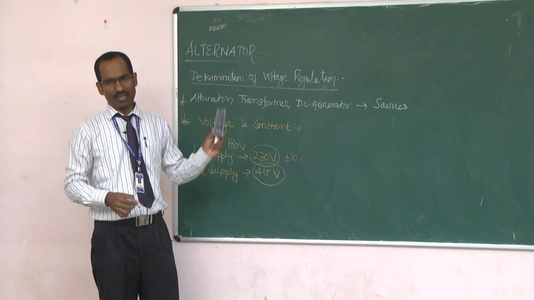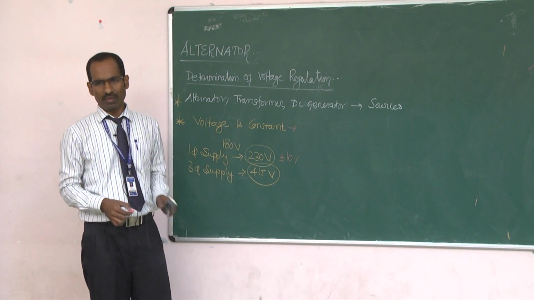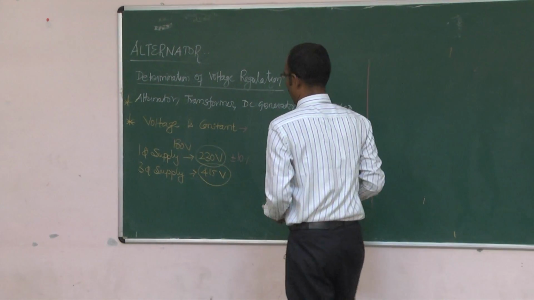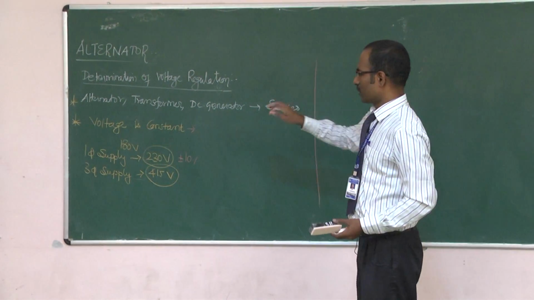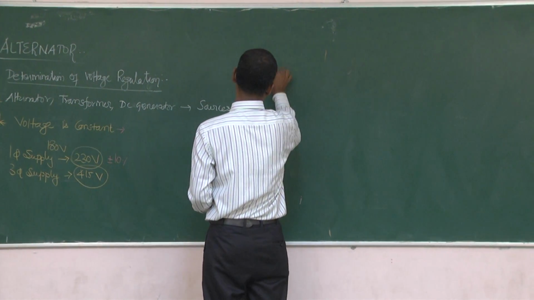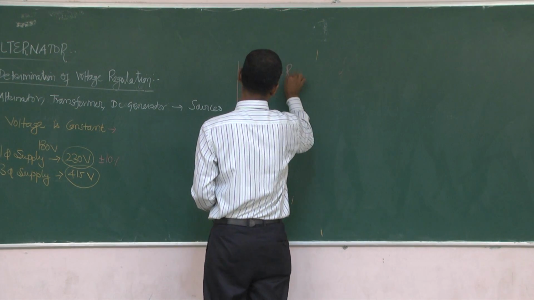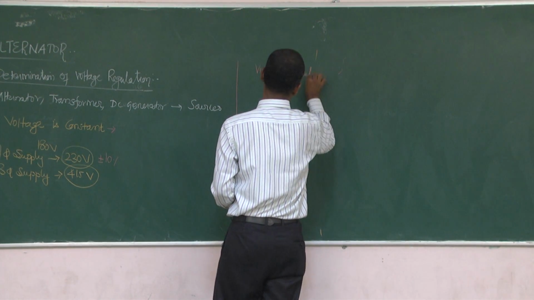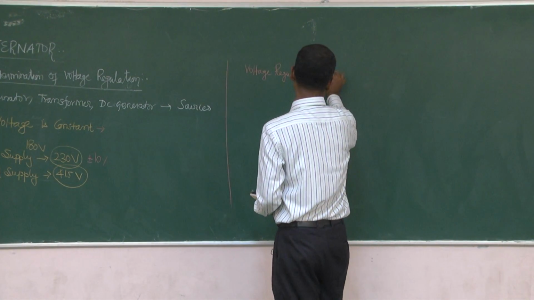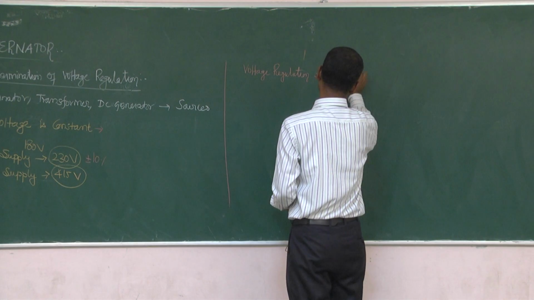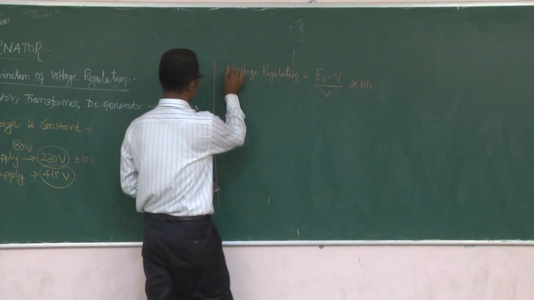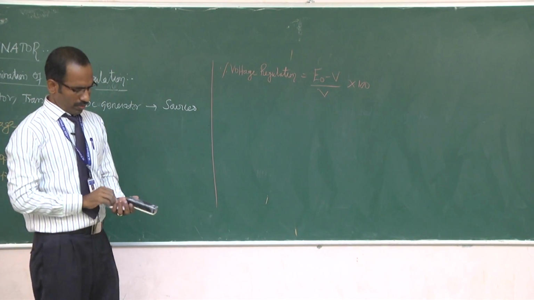If there is any deviation in the voltage, definitely it will affect the performance of the machine as well as the lifetime of the machine. So we are calculating the voltage regulation for all the sources. What is the formula to find the voltage regulation? It is E0 minus V by V into 100 if it is the percentage of voltage regulation. What is E0?